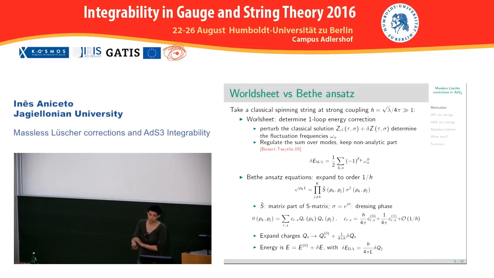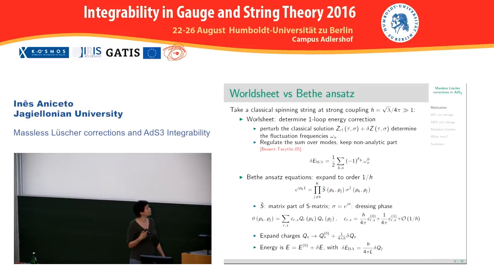You need to be careful about how you sum these frequencies, especially because you're analyzing the solution for large spins. And so you need to regulate your solution, and you end up getting a correction.